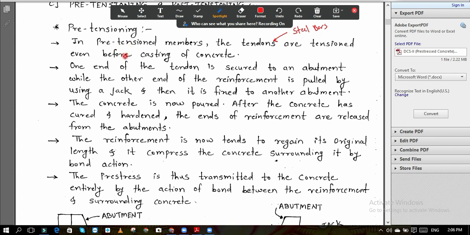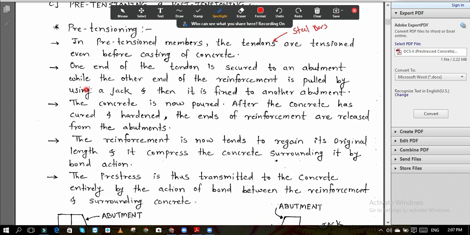In a pre-tensioned member, the tendons are tensioned even before the casting of concrete. When the tendons are tensioned before casting of the concrete, that type of tensioning is called pre-tensioning, and that type of member is called a pre-tensioned member.